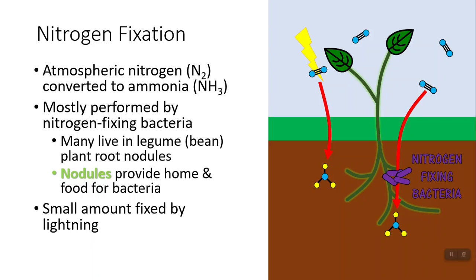There is also a small amount of nitrogen that's fixed by lightning, but there is not nearly enough fixed by lightning in order to support living things. So most nitrogen fixation is going to be caused by bacteria. And an important thing to note, this is where we go from inorganic nitrogen, the kind that can't be used by living things, to organic nitrogen, a form that can be used by living things.